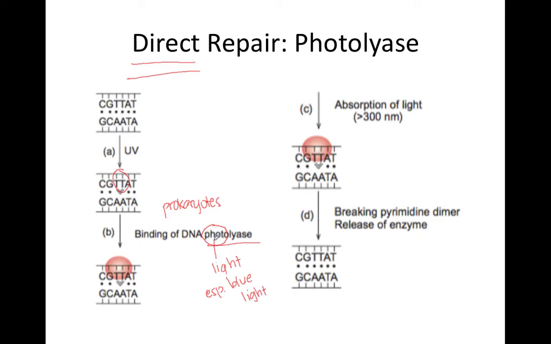So once the photolyase is activated by blue light, shown by this red circle here, it goes to the site of the damage, and from the term lyase, it breaks apart this cyclobutane ring that is formed by the UV. Once it breaks the pyrimidine dimer, the thymines go back to their normal structure.